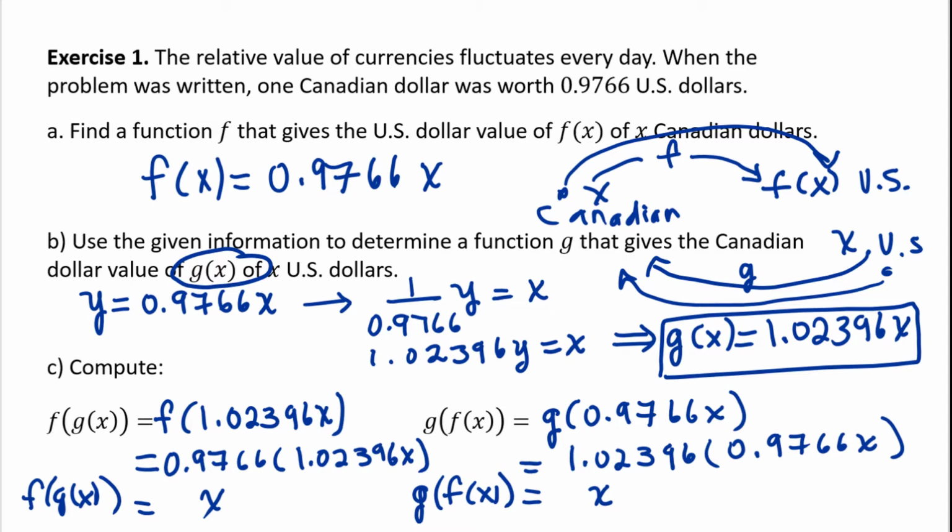Both of these, f of g and g of f, undid or reversed their operations and got it back to the x. That's kind of the concept behind working with inverse functions.